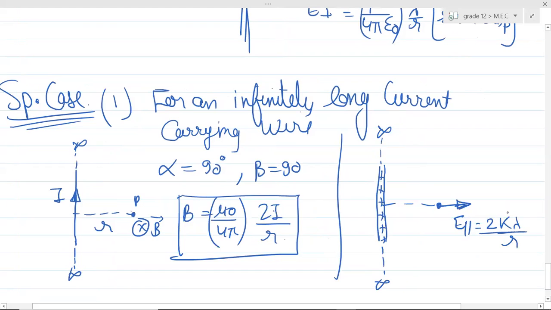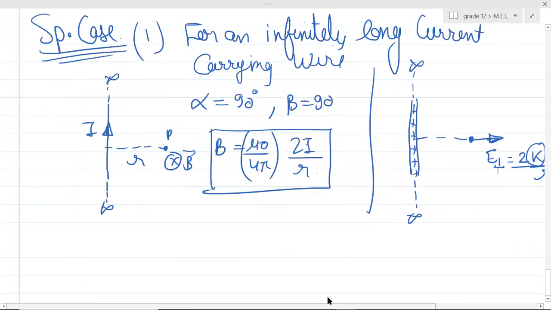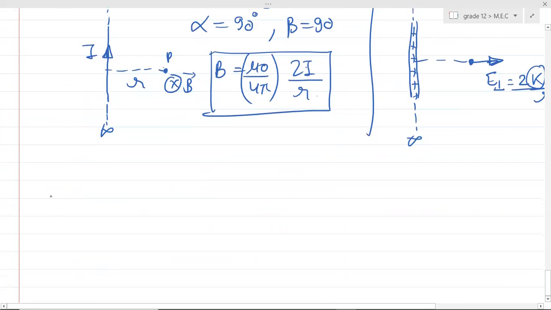Oh, my bad, perpendicular. So 2k lambda by r. So can you see the analogy again? Keep this in mind a little bit. Not every case will be similar, but most of the things you will find analogous.